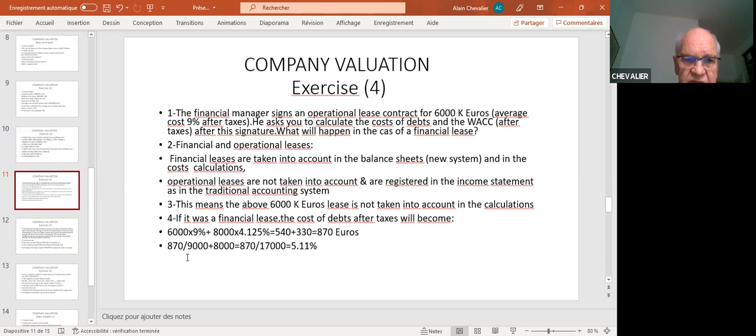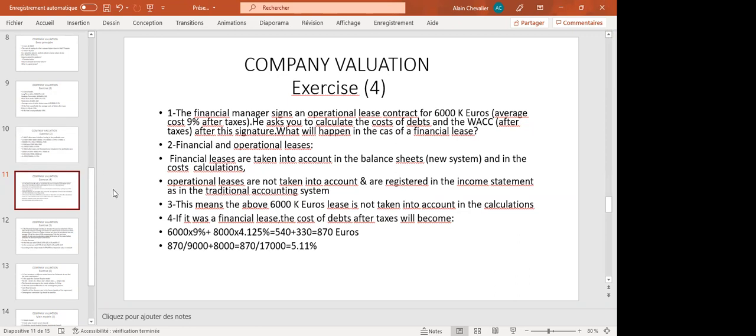And 870 euros divided by 9 plus 8,000, divided by 17,000, is equal to 5.11%. So the cost of debt is a function of a financial lease, not a function of the operational lease. This is what you have to remember from these different calculations.